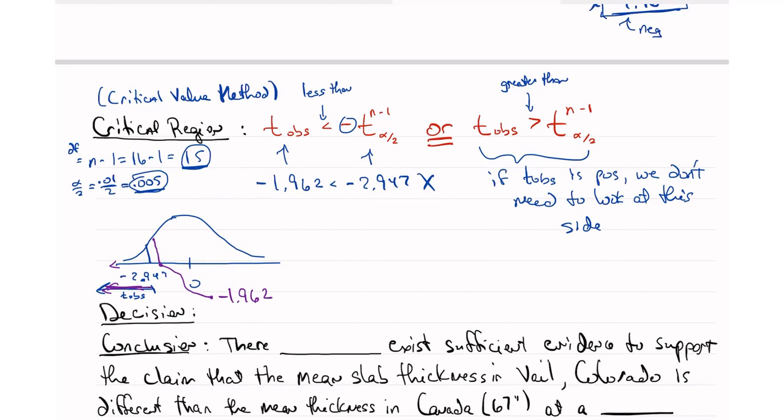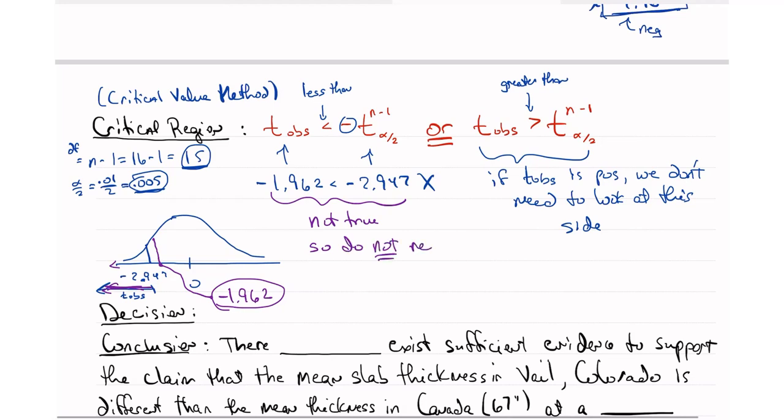So our negative 1.962 is not in the rejection region. This statement is not true. So do not reject H naught. Decision first: fail to reject H naught.